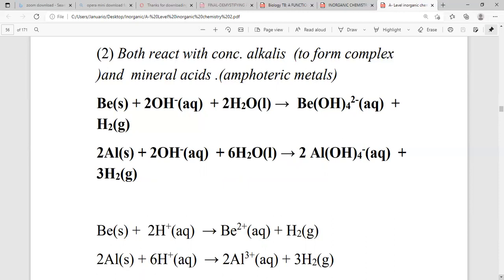If it is aluminium, you get tetrahydroxoaluminate. That is also the complex that is formed when aluminium reacts with hydroxyl or concentrated alkalis and water, plus hydrogen gas.